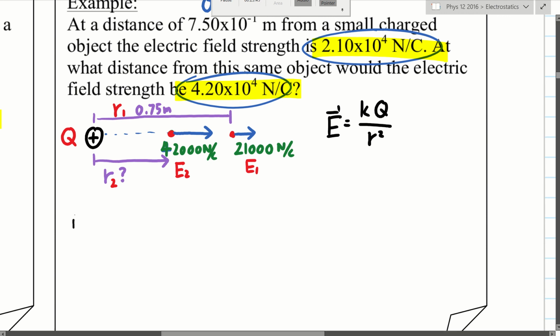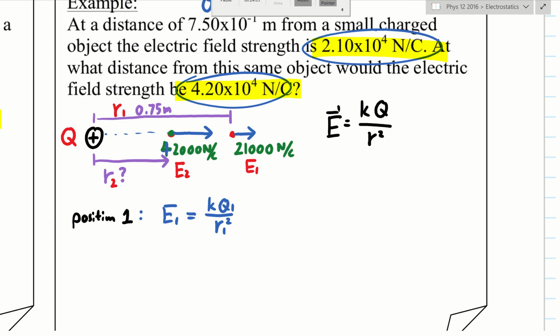So let's see, position 1. For position 1, the electric field, which is E1, is equal to K Q over R1 squared.